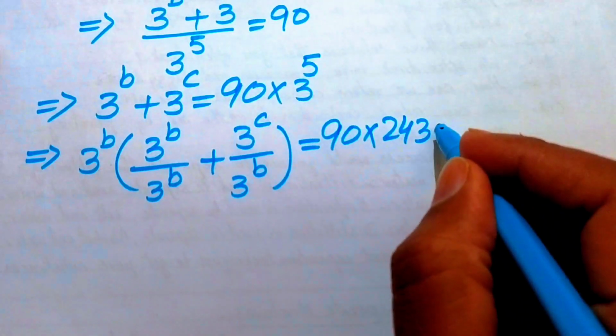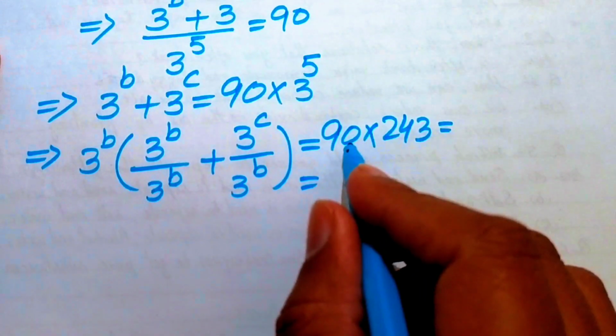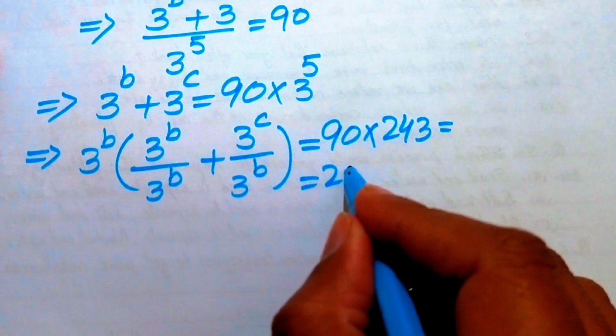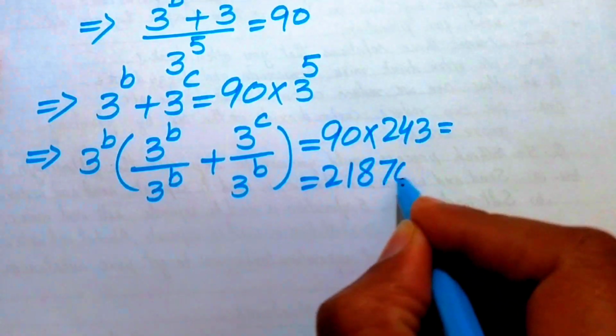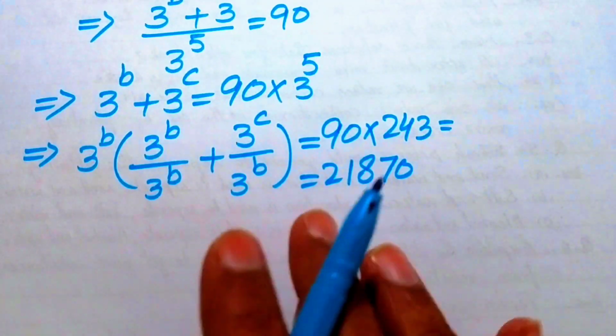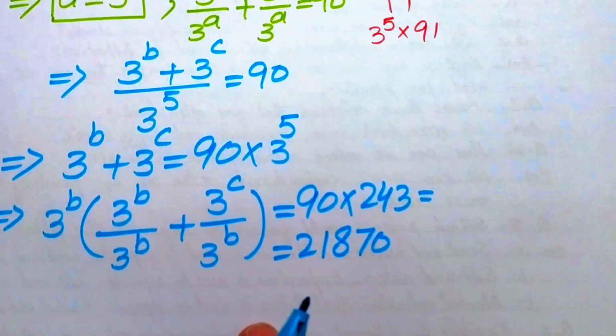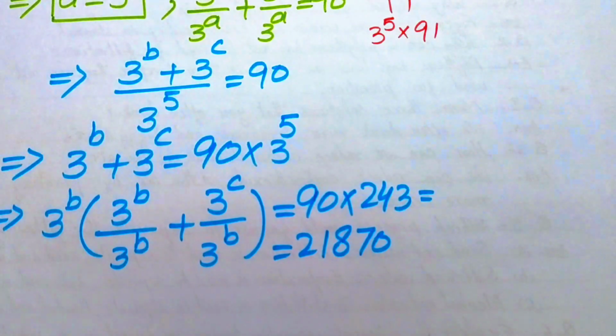So when we multiply 243 by 90, then you get 21,870.